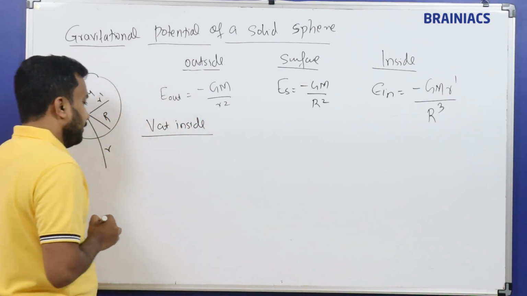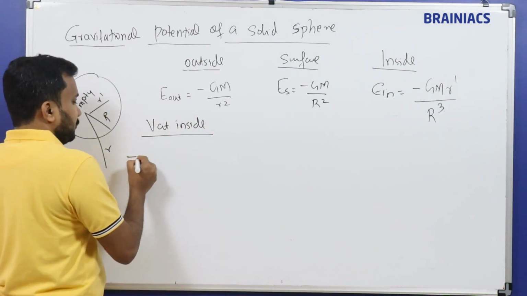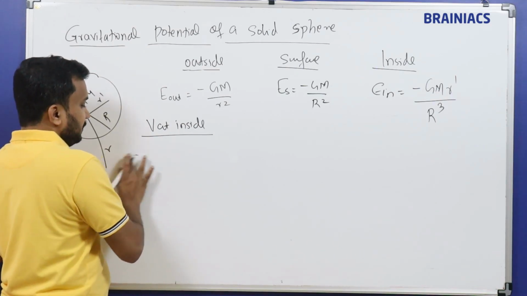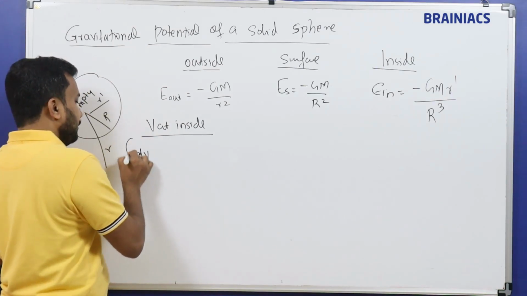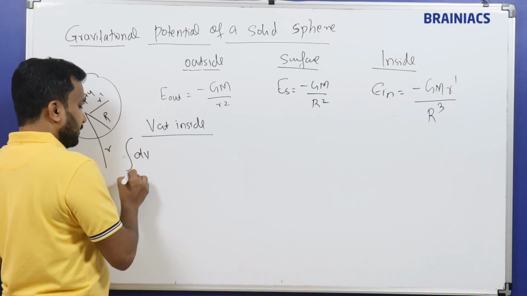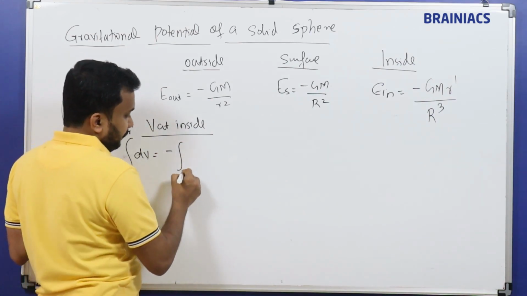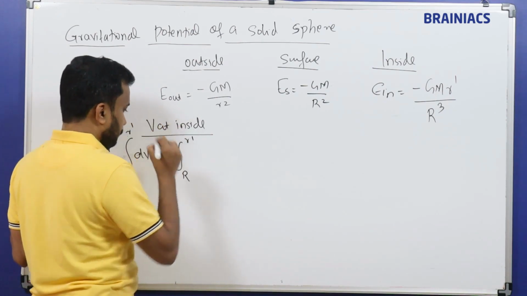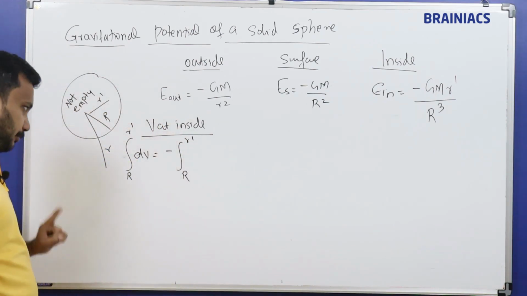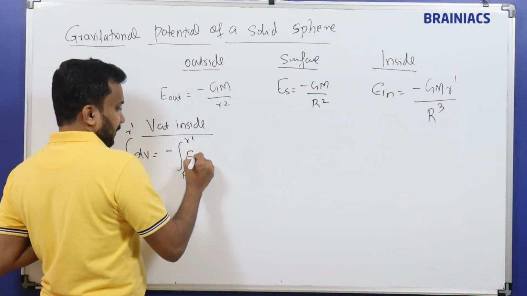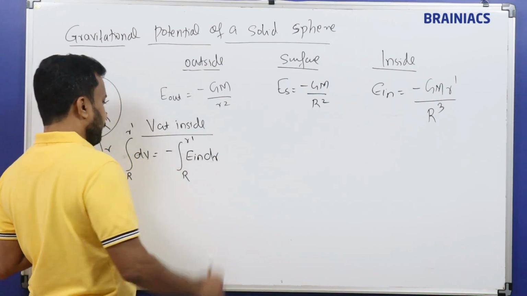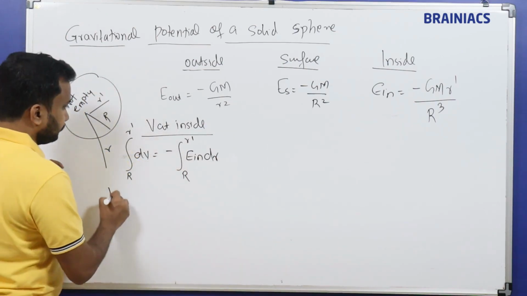so we'll start from here, and minus of integral dV from surface. Surface means capital R to inside r dash is equal to minus of integral capital R to r dash. r dash is an inside point, R is a surface point. E into dr. So we're substituting.